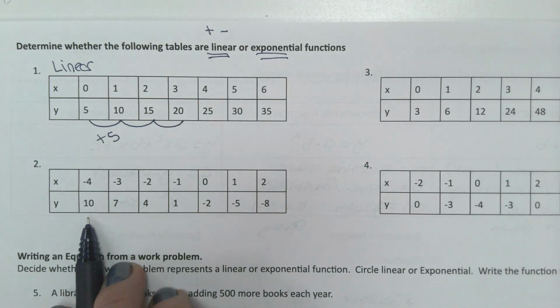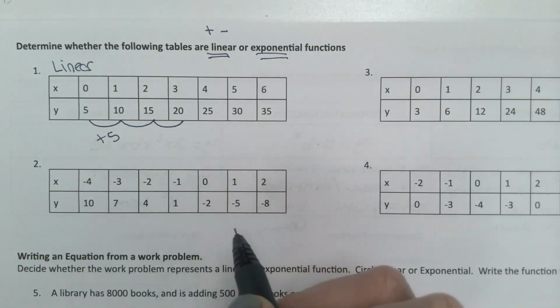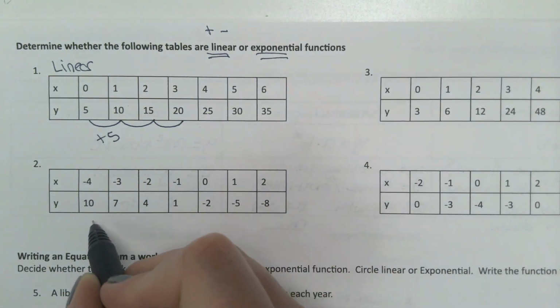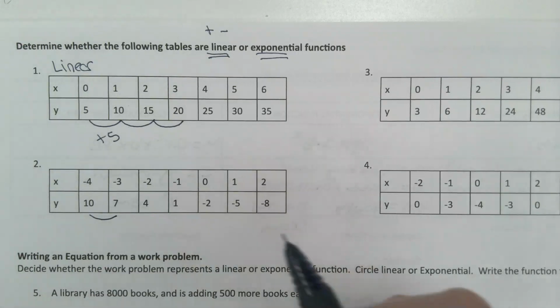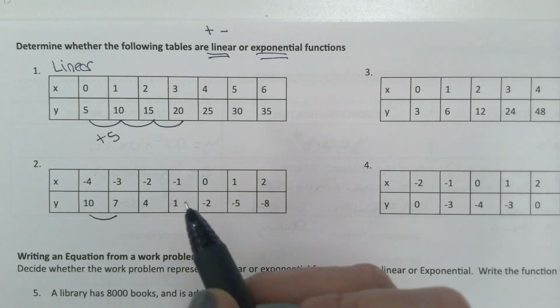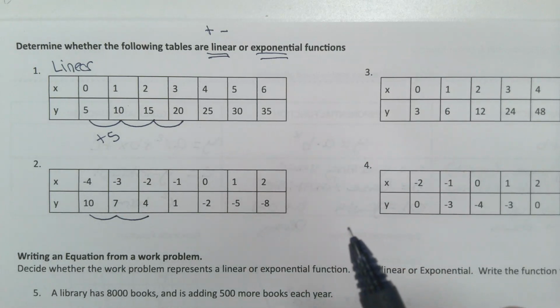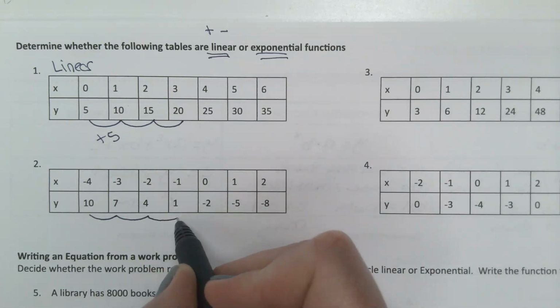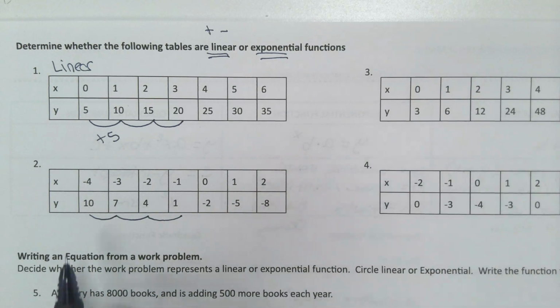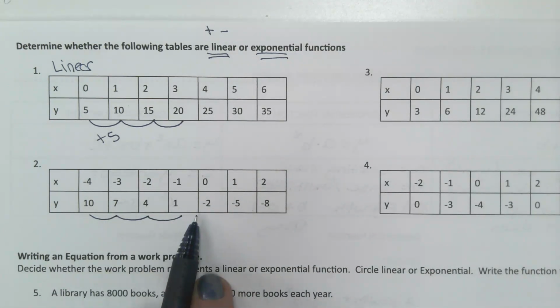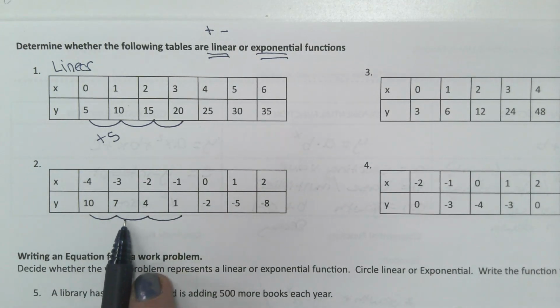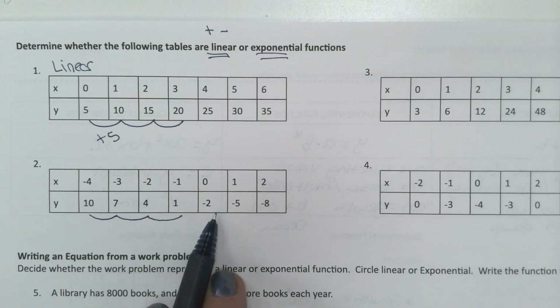On number 2, okay, now I seem to be going down. That's okay. How do I go from 10 to 7? 7 to 4. 4 to negative 1. What is the pattern? How am I getting from one number to the next here?